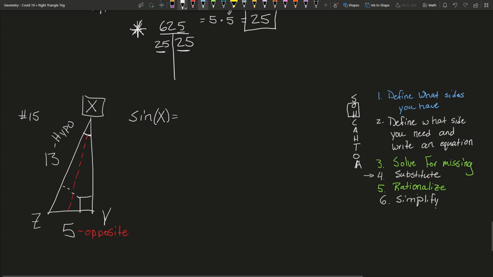And then the adjacent side is the one that's left over. So we define what sides we have. Now we need to define what side we need and then write an equation for it if we need to. Okay, so sine is going to be opposite over hypotenuse.